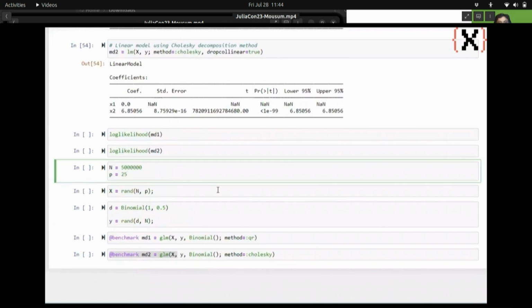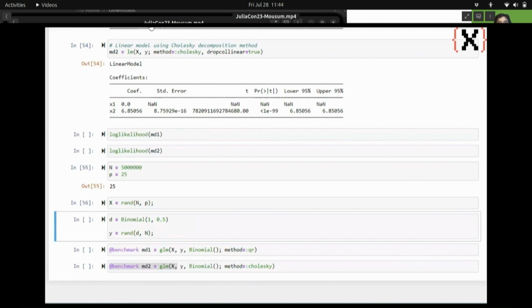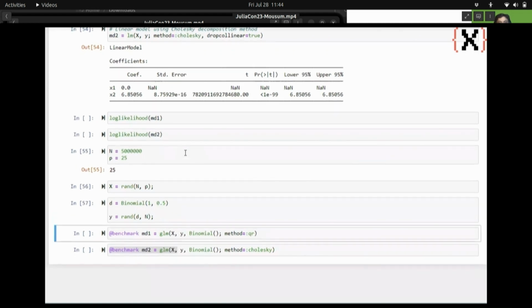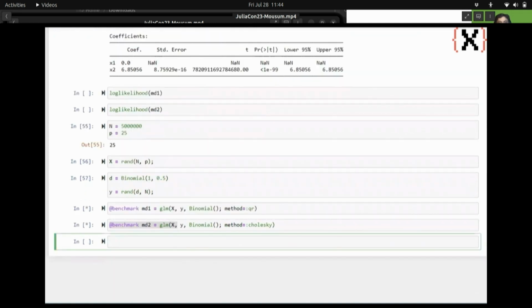Now let's try a logistic regression with 5 million rows and 25 covariates. Let's randomly generate the design matrix and the response vector, and using benchmark tools, let's see the memory used by QR decomposition and Cholesky decomposition, and the running time of GLM with each.